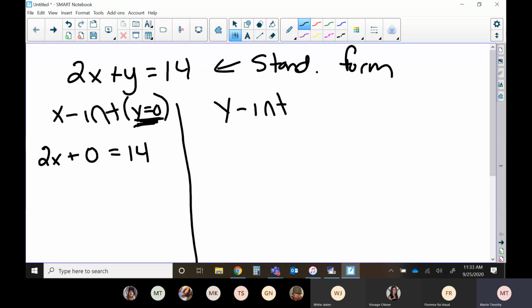If y equals 0, what did I do with that, guys? Whenever I know a variable is not a variable anymore, what can I do with that? Thank you. I plugged in 0 for y.